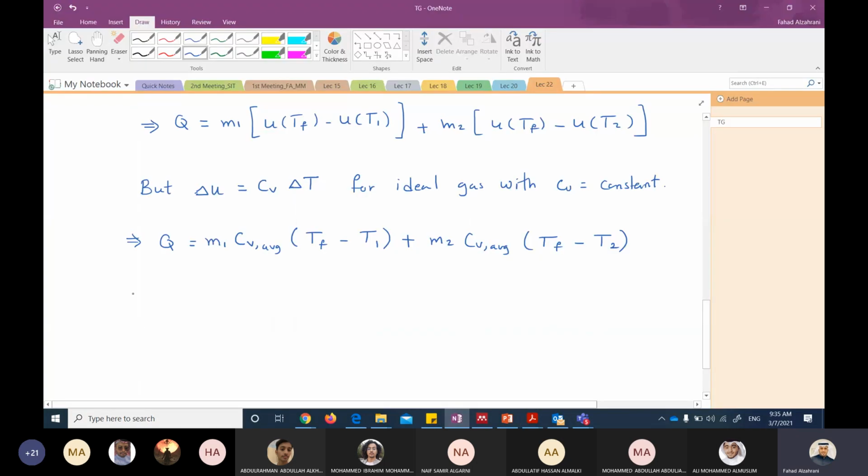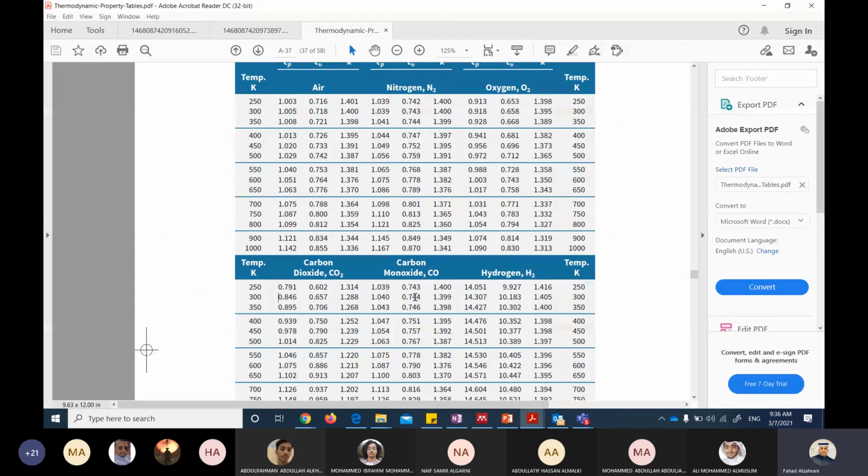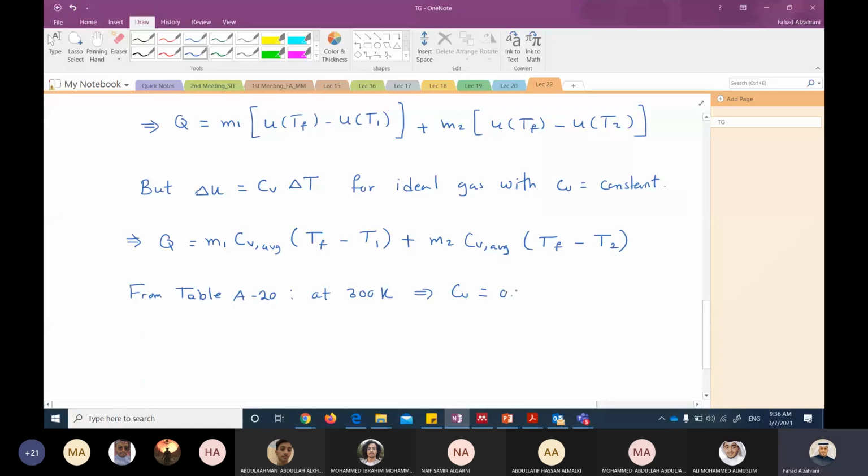From table A20, at 300 Kelvin for carbon monoxide, I have CV equals 0.744.